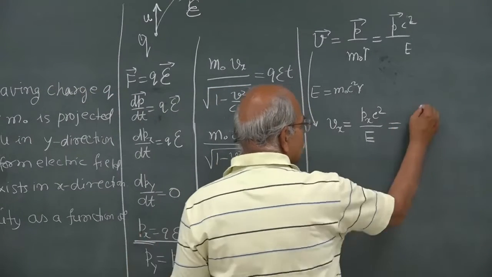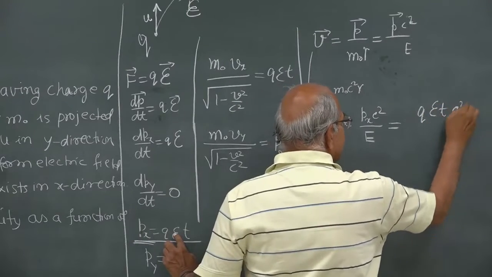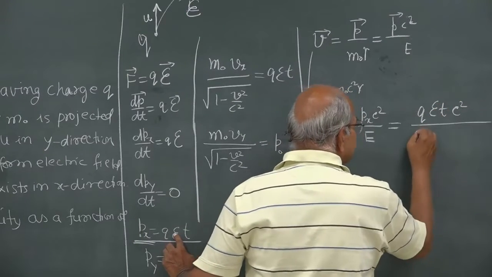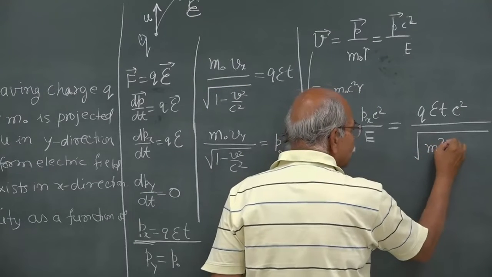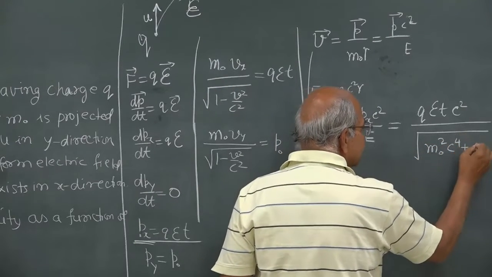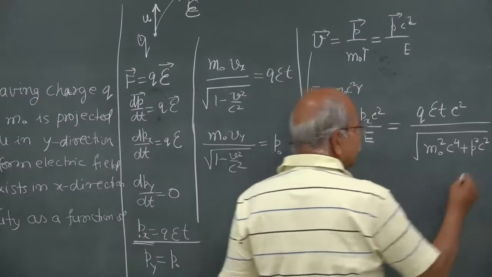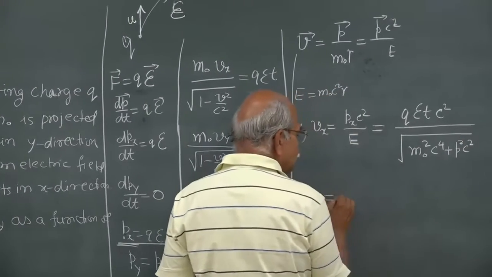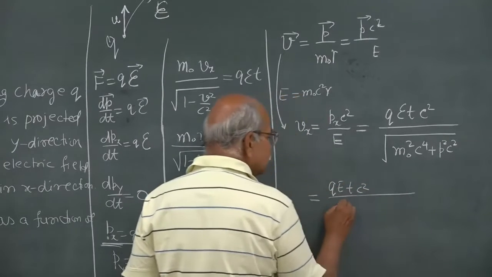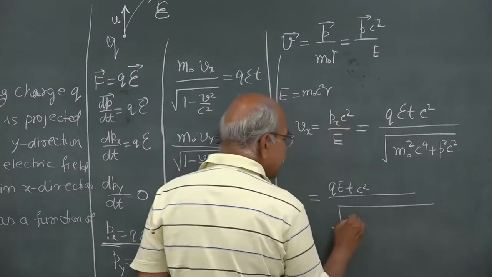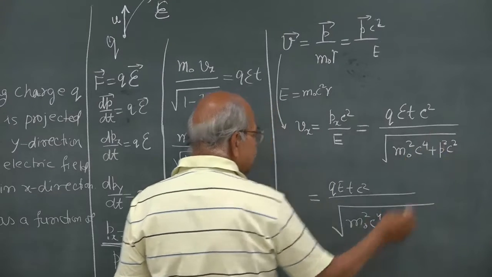So, this will be Q E T c square divided by square root of m naught square c4 plus p square c square, and that is Qet c square divided by square root of m naught square c4 plus what is p square?